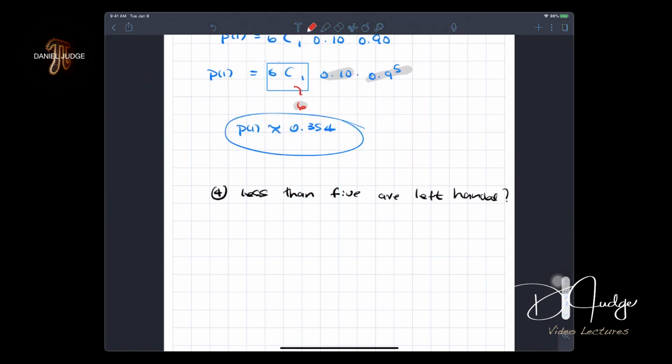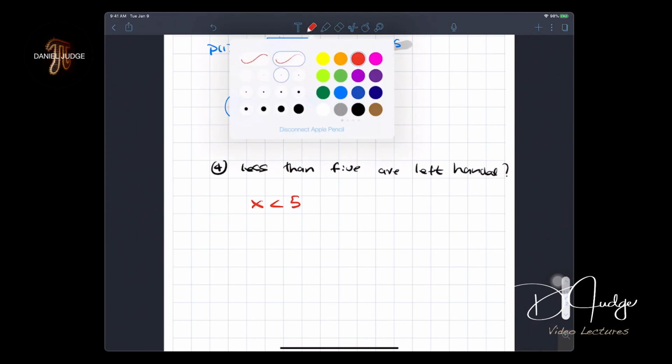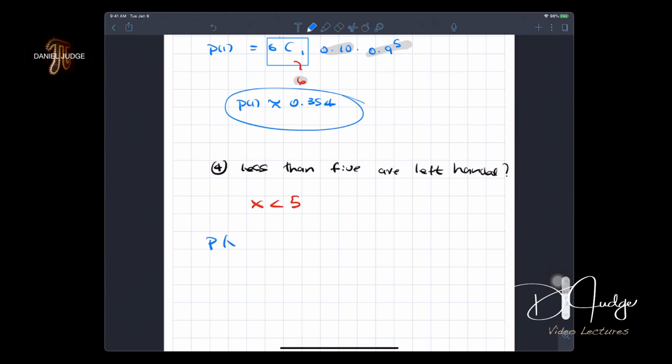So now we're going to look at this and say, what's the probability that less than 5? Well, that's x less than 5. Probability that x is less than 5, that's P of 0 plus P of 1 plus P of 2 plus P of 3 plus P of 4.